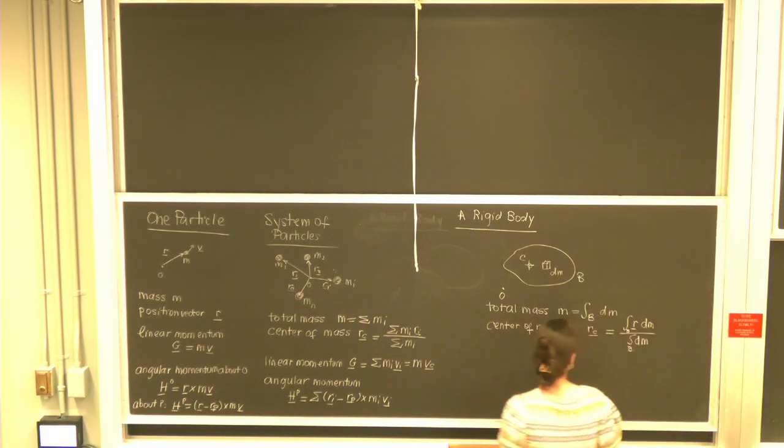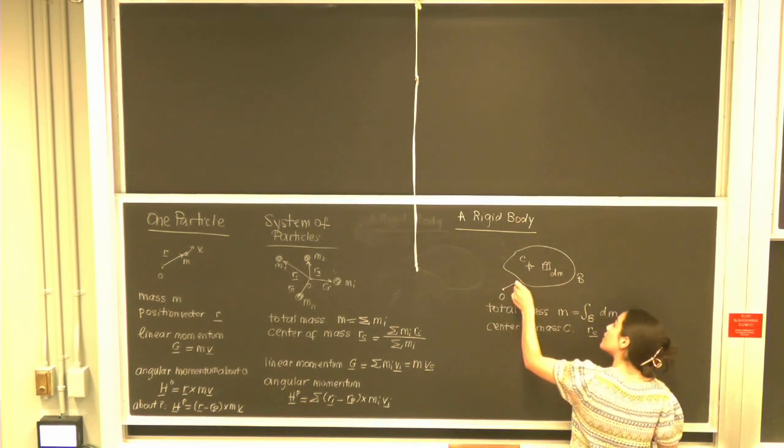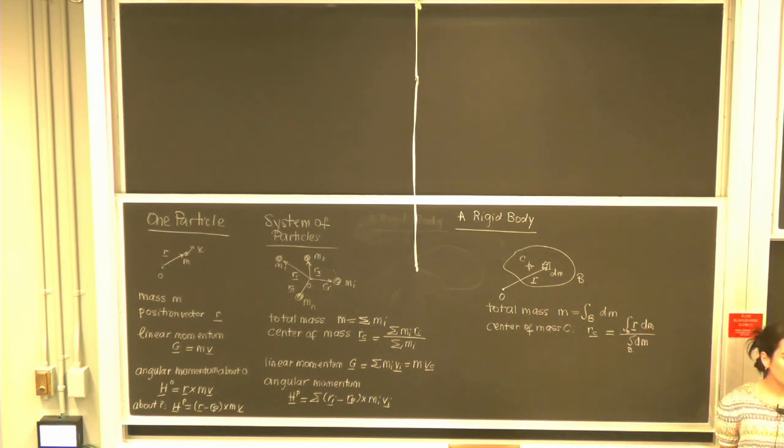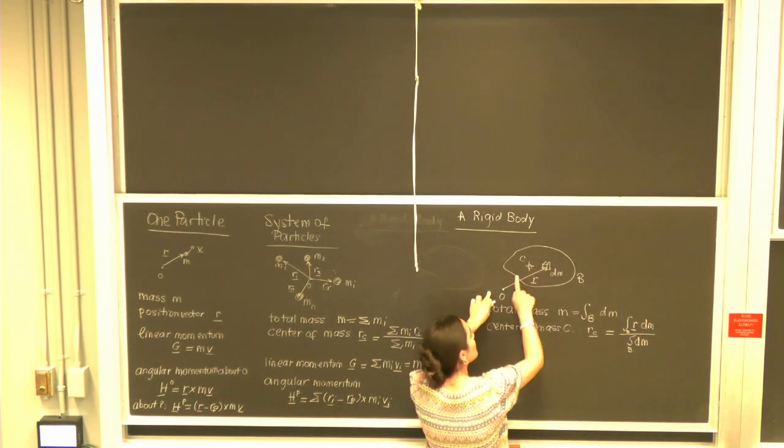So what is R here? We have an origin. R is the position vector of the differential mass, right? And we're summing R dm for each possible differential mass of a rigid body.